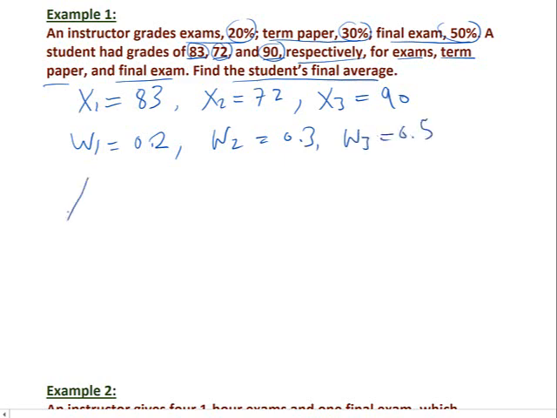Now the weighted mean x bar w equals summation of wi times xi divided by summation of wi.